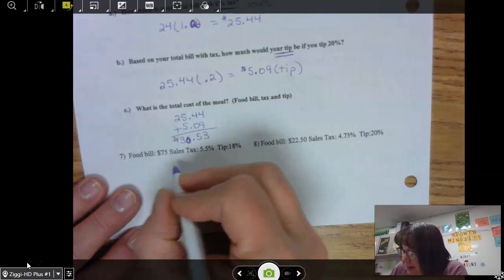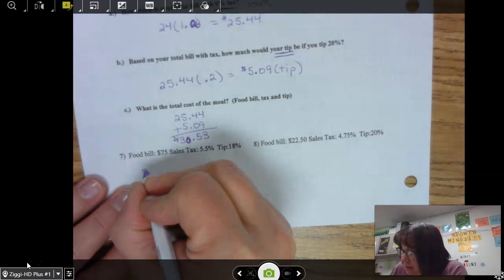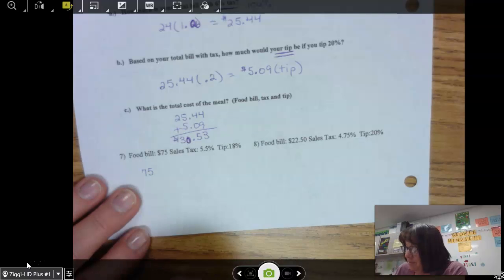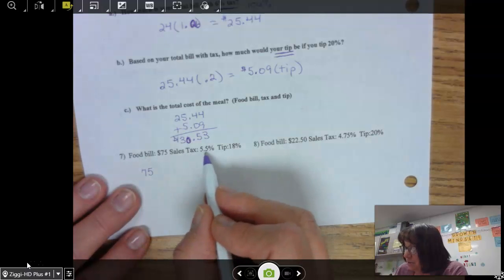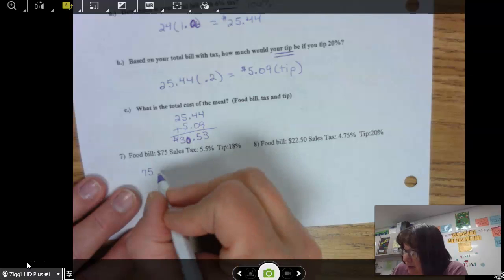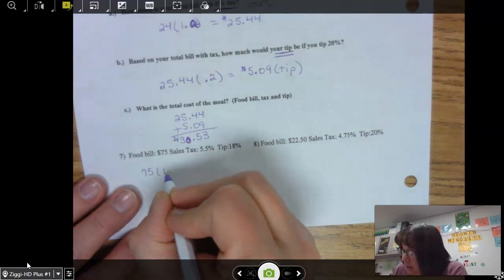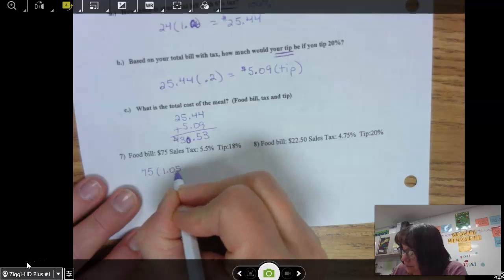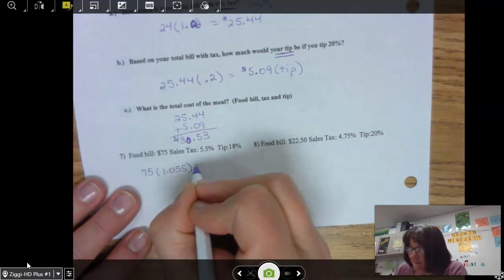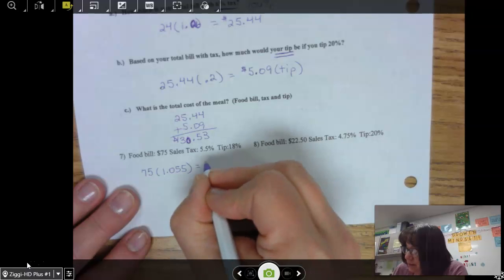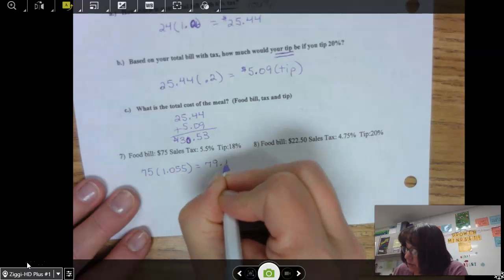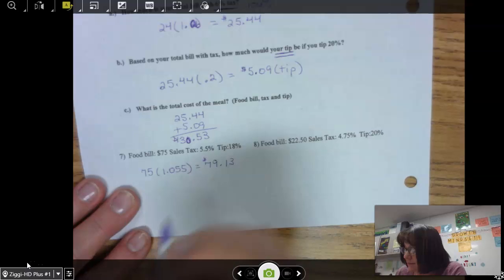Okay, welcome back. The food bill was $75, and I paid a tax of 5.5%. So I'm going to add that onto 100, and I would get 1.055, which means I paid $79.13 with tax.